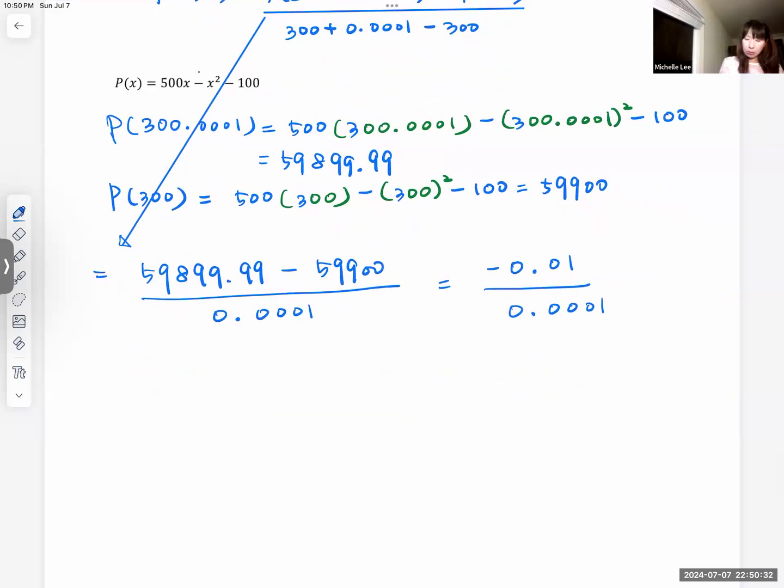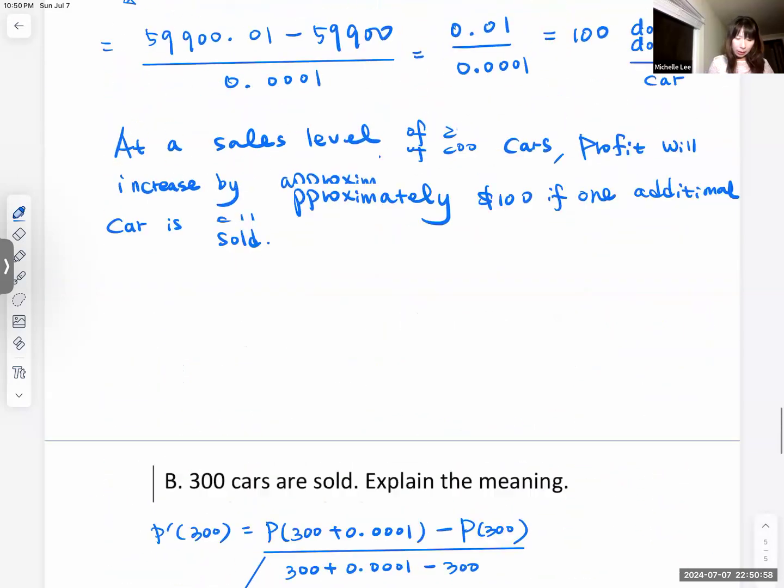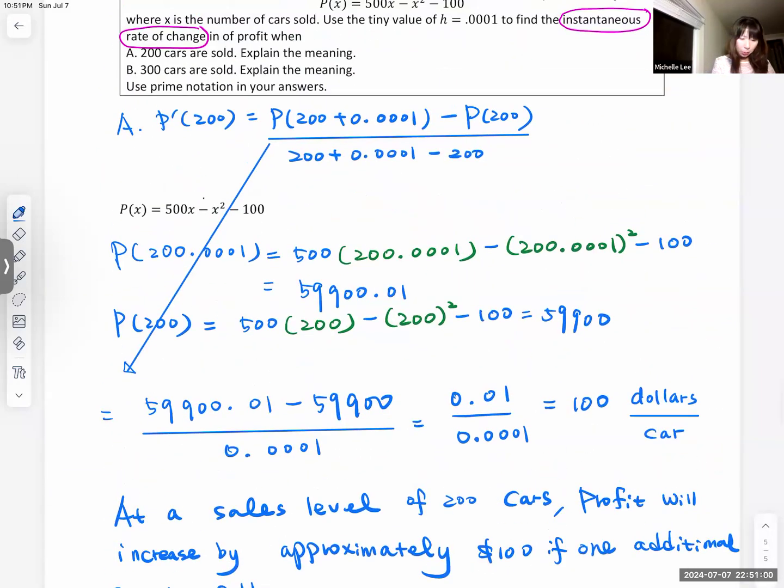Okay, so we get, this one is negative 100 dollars per car, right? They say that the last sentence said to use prime notation in your answer.